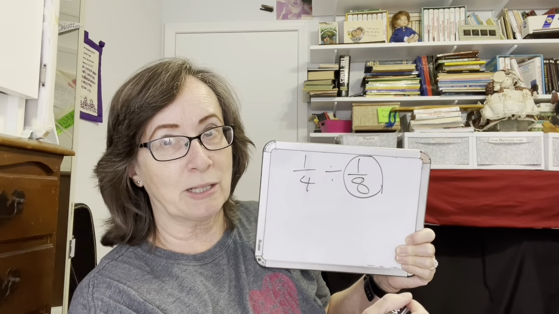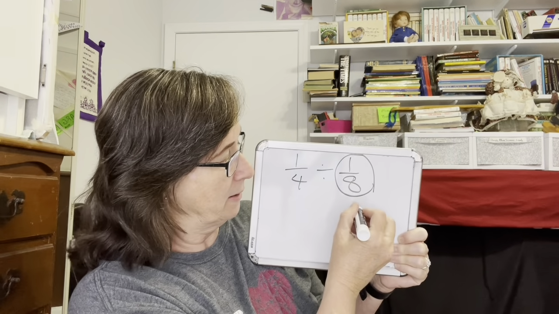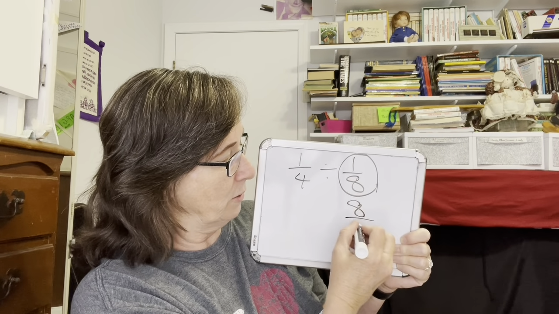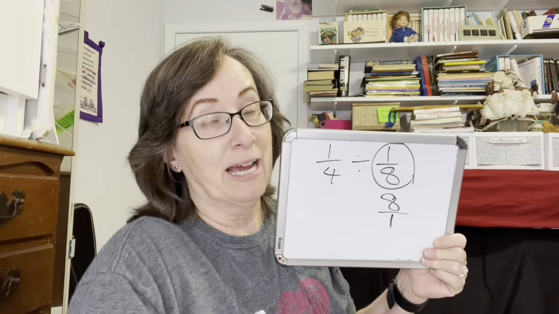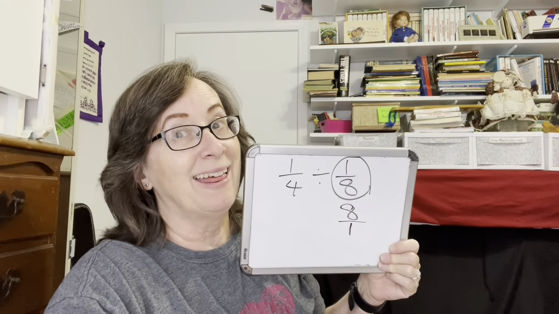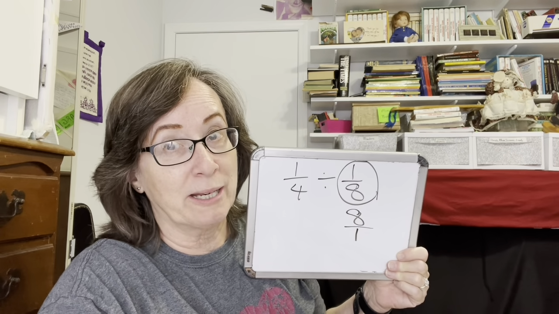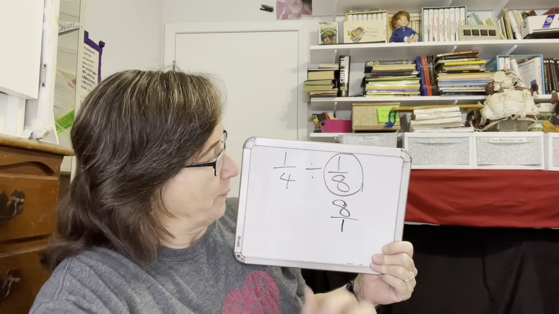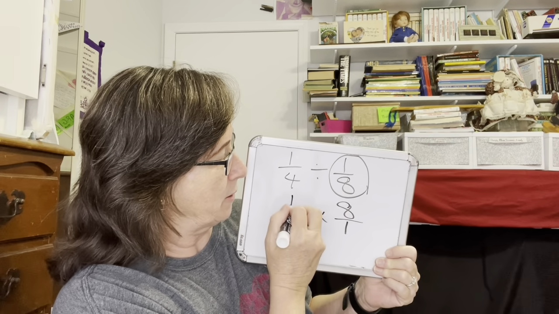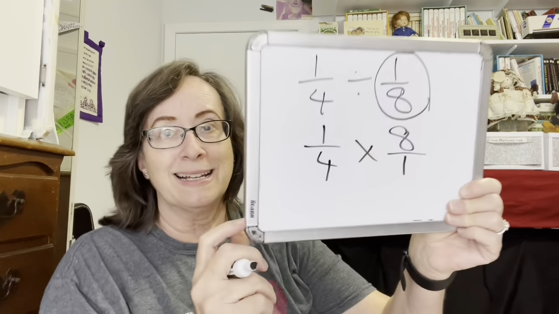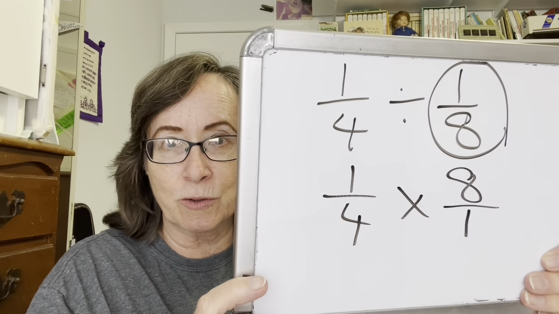Our reciprocal is the fraction flipped over, 8/1. Now remember, when we multiply a number and its reciprocal together, we always get 1. That's the definition of reciprocal. So we're going to change it to multiplication because we're using the reciprocal. 1/4 times 8 over 1.